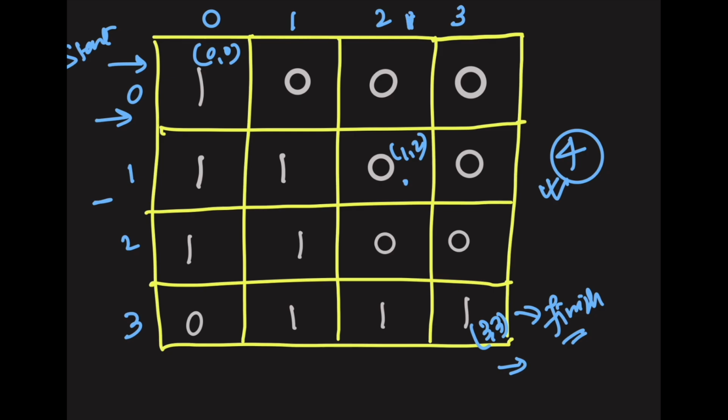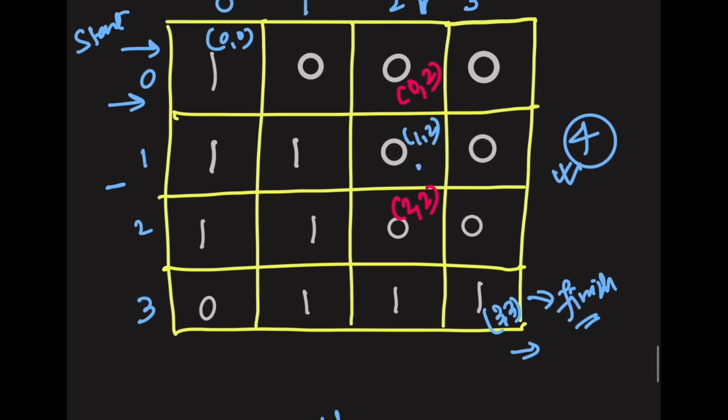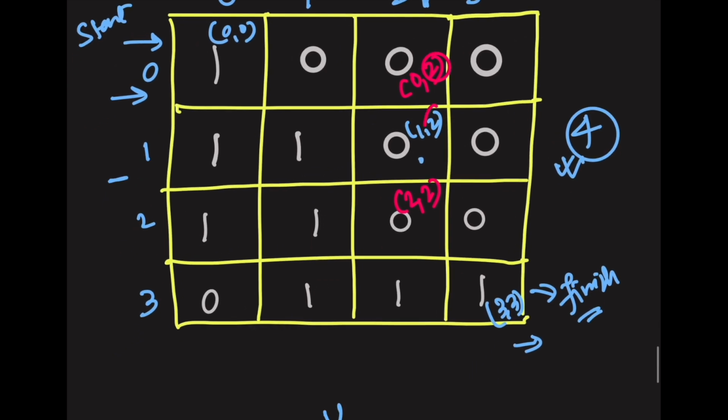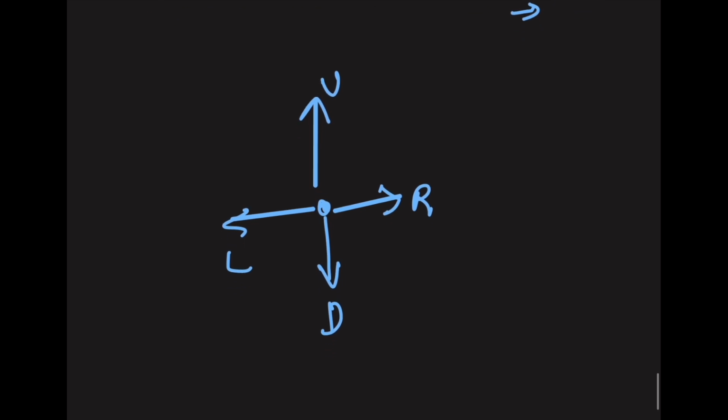Now if I go up, my index will become 0,2, and when I go down, my index will become 2,2. So my column remains the same, only i is changing. When I'm going up, my i is decremented by 1, and when I am going down, my i is incremented.